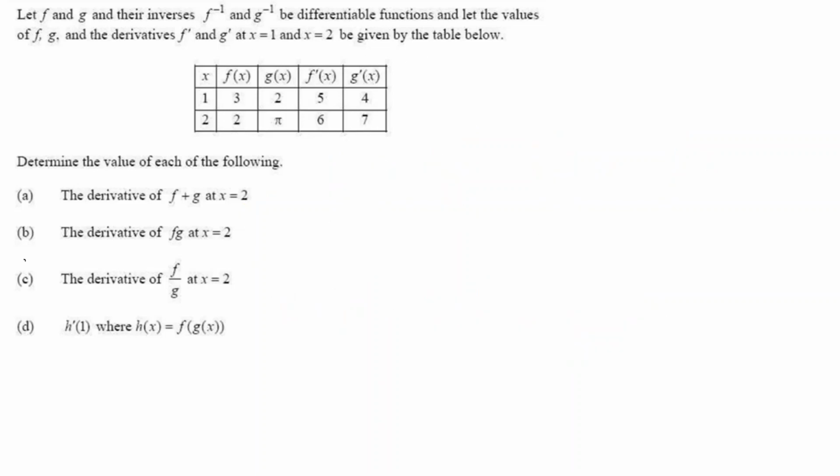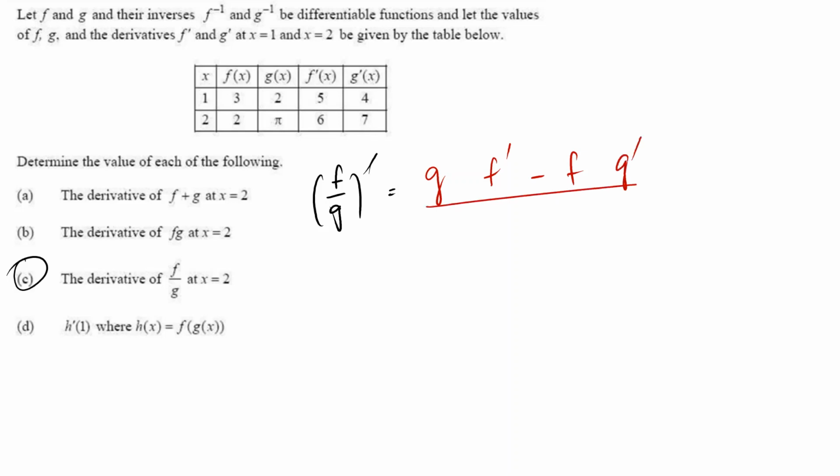Now the third part says f over g. F over g means that you have to use the quotient rule. Now the quotient rule states g f prime minus f g prime over g squared. So let me write it properly. It says g f prime minus f g prime over g squared.